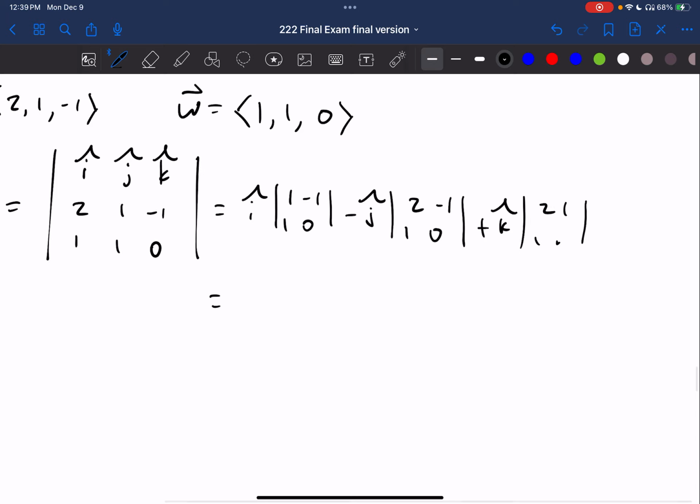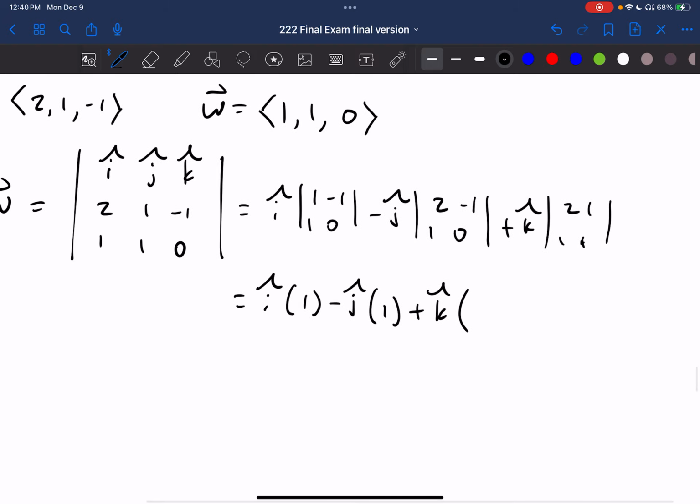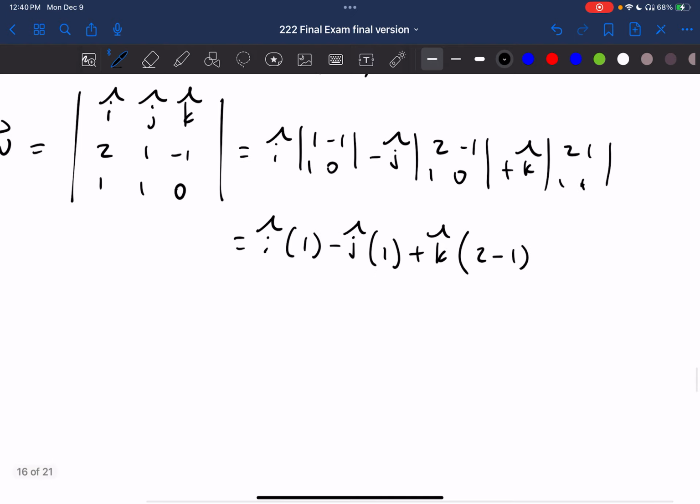We can see here this will be equal to i times (1 times 0 is 0, minus a negative 1 is going to be a positive 1), minus j times (2 times 0 is 0, minus a negative 1 is going to be a positive 1), plus k times (2 times 1 is 2, minus 1 is going to be 1). So here we're going to get the vector 1, negative 1, and 1.